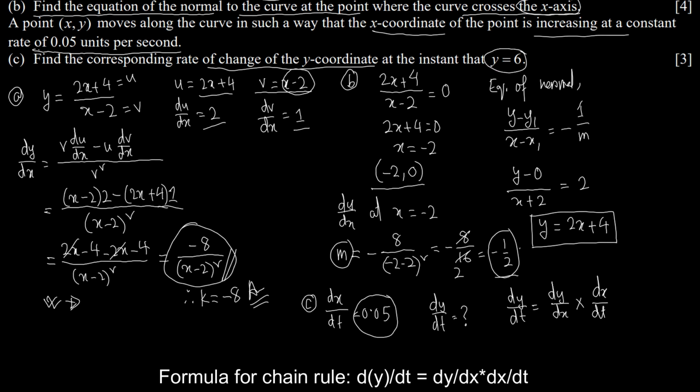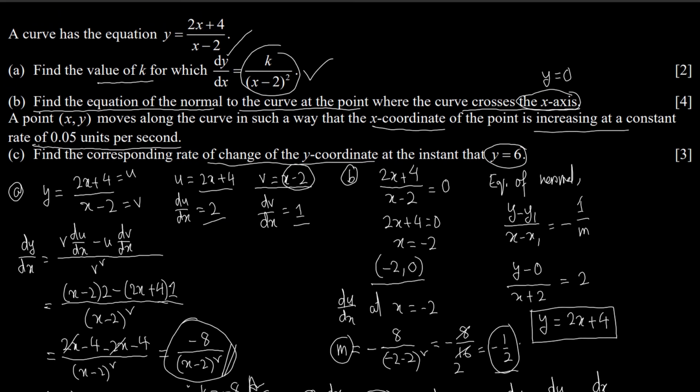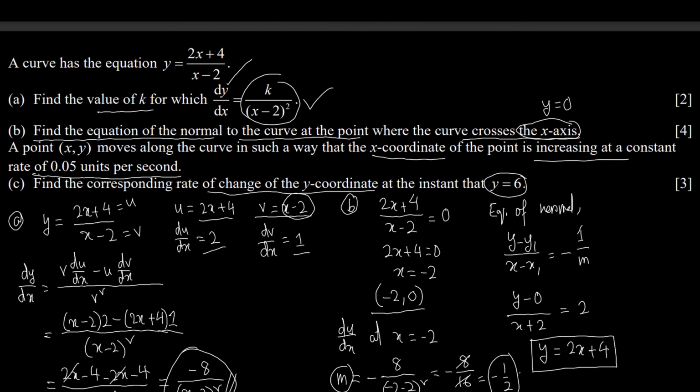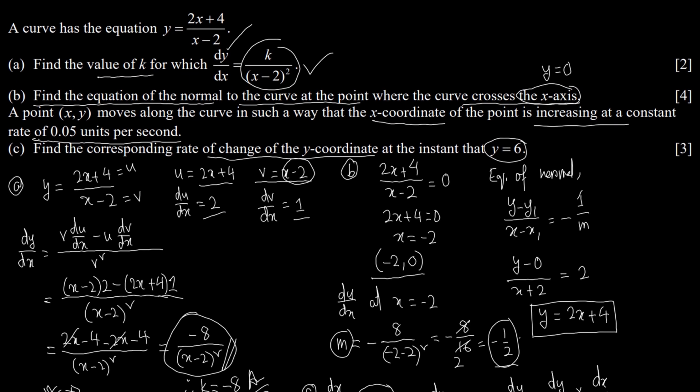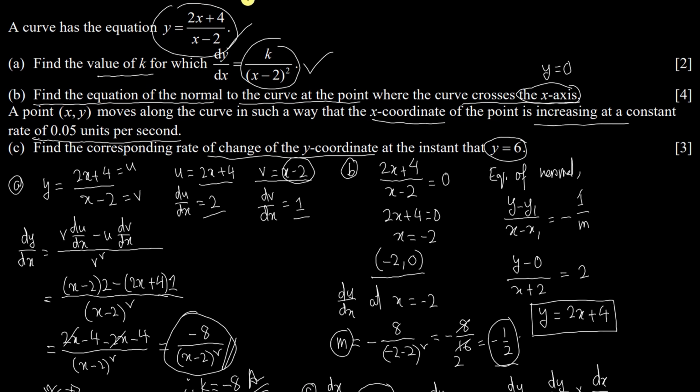So first we have to find the value of x from there. It's a given value of y, 6. If we write the main equation and use it, we have 2x plus 4 divided by x minus 2.